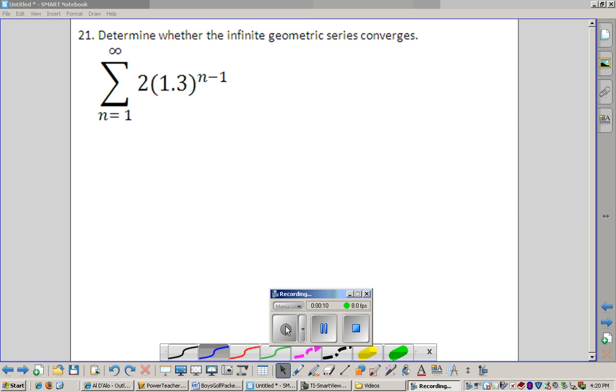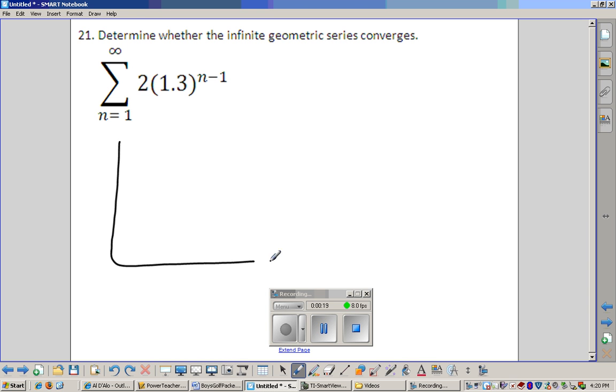Alright, 21. It says, find whether this geometric series converges or not. What it means to converge is, if you thought of the graph and it started at 2, which it does, that's the first term. Does it come down and eventually level off at some number like 0?